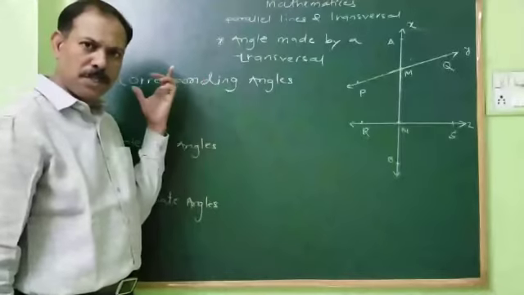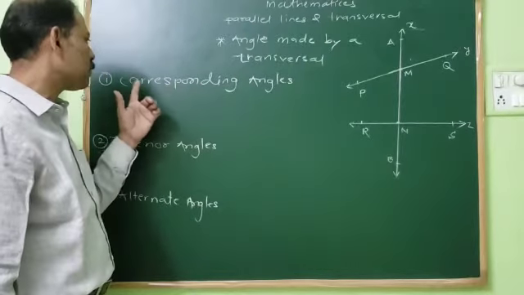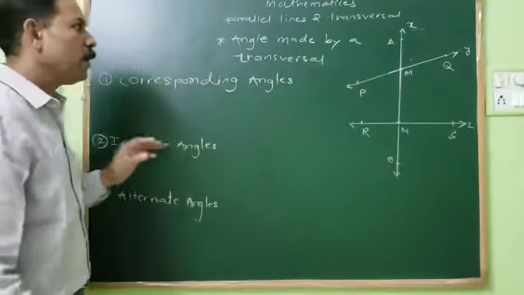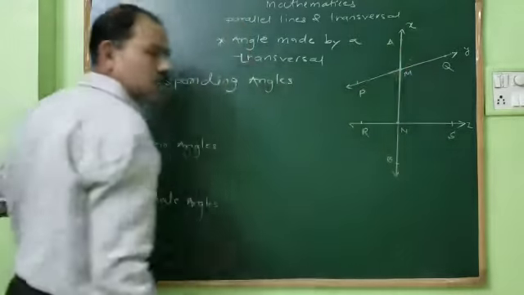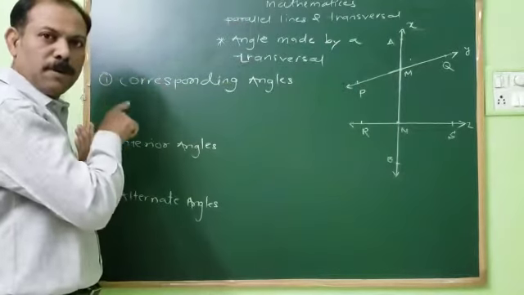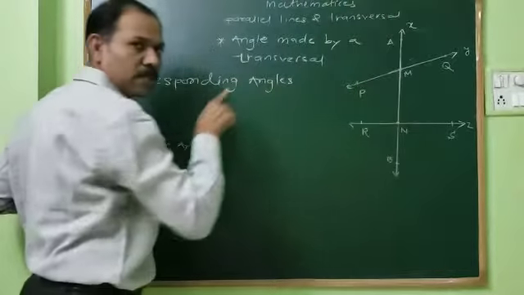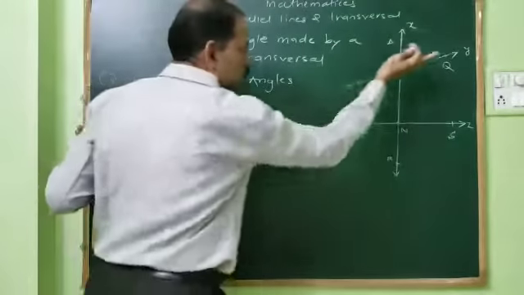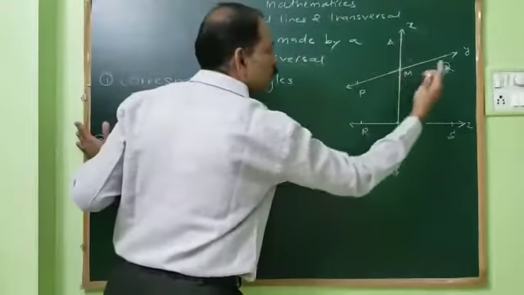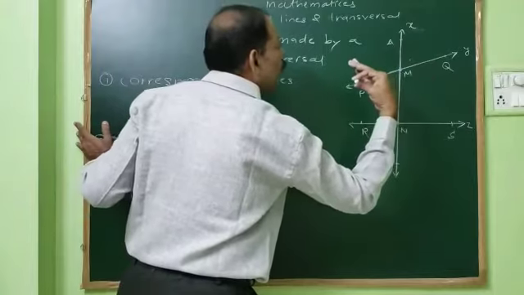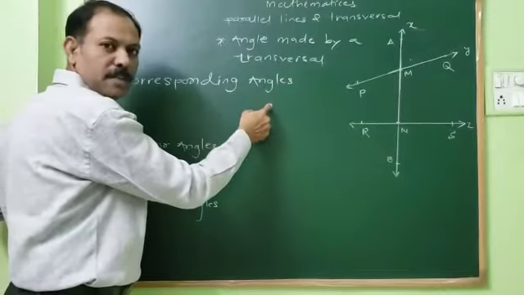Now students, we study the given pairs of angles. First, corresponding angles. If the arms on the transversal of the given pair of angles are in the same direction, and the other arms of this pair of angles are on the same side of the transversal, then the pair of angles is called corresponding angles.